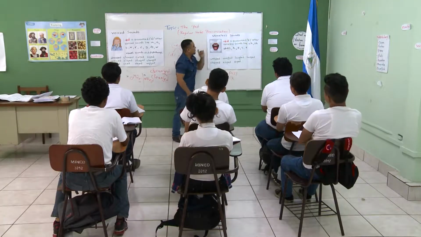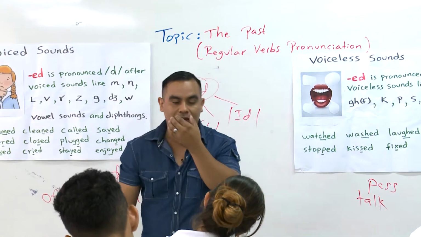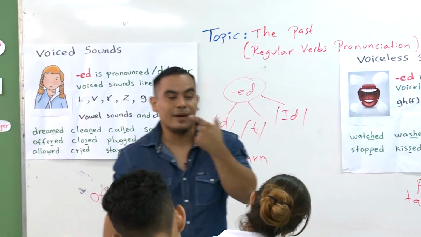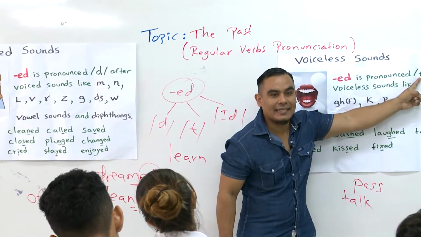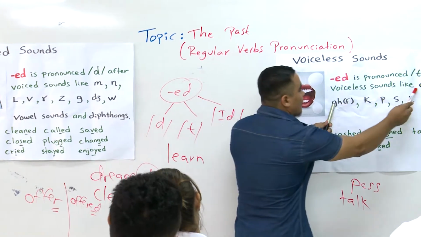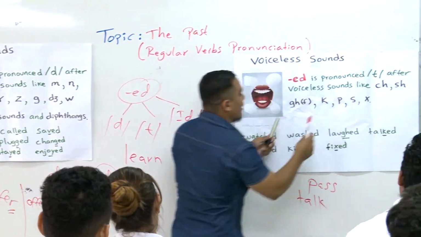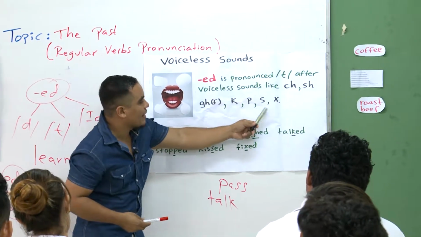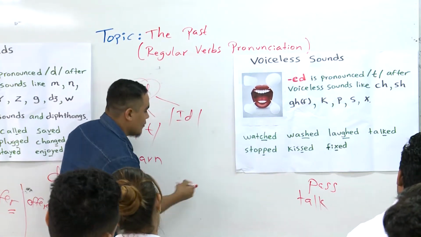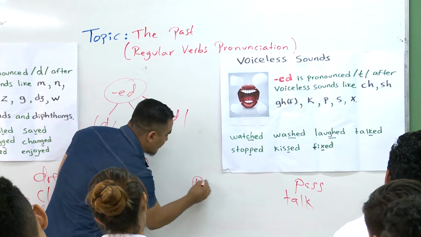Now, voiceless sounds, I said they are made at the front of the mouth. So we say they sound like T. When we have all these sounds, CH, SH, GH that sounds like F, K, P, S, and X. For example, pass.